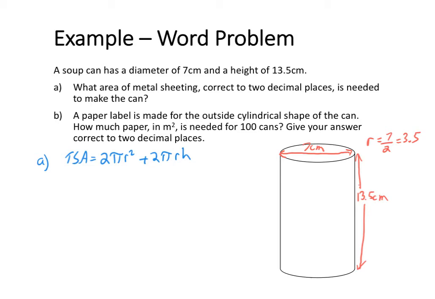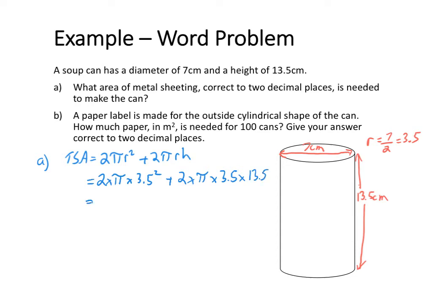So I can go ahead and substitute in my values. That's going to equal 2 times pi times my radius of 3.5 squared plus 2 times pi times 3.5 times my height of 13.5.